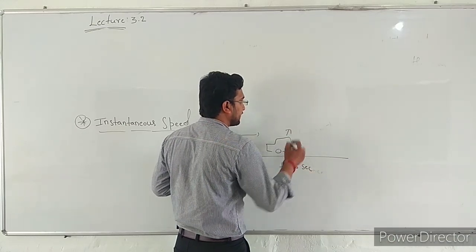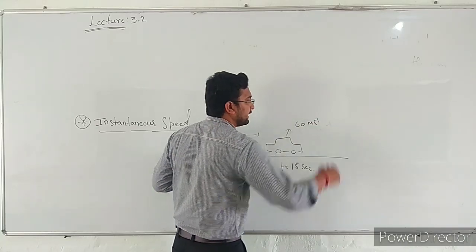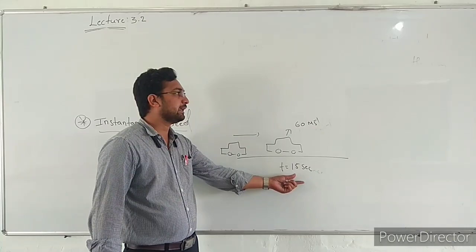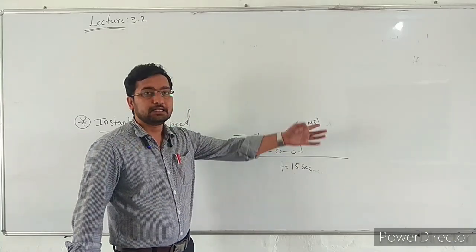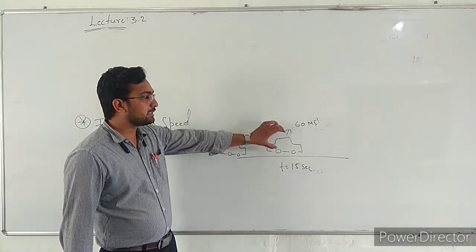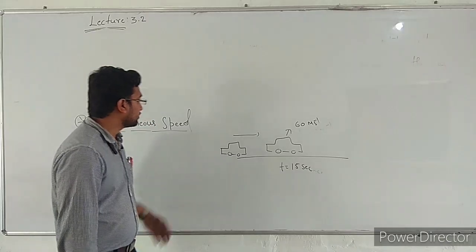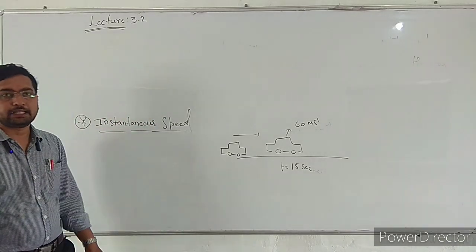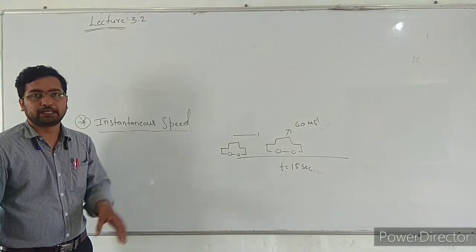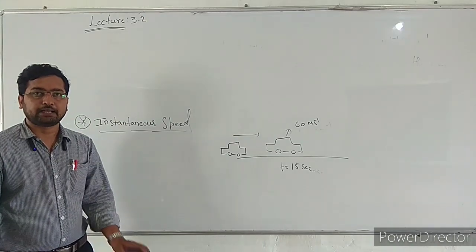In that case, the car's speed may be 60 meters per second. So the speed of the car at 15 seconds is 60 meters per second. Instantaneous speed gives the instant speed of the car, that is, the speed of the vehicle or object at a given instant of time. Thank you.